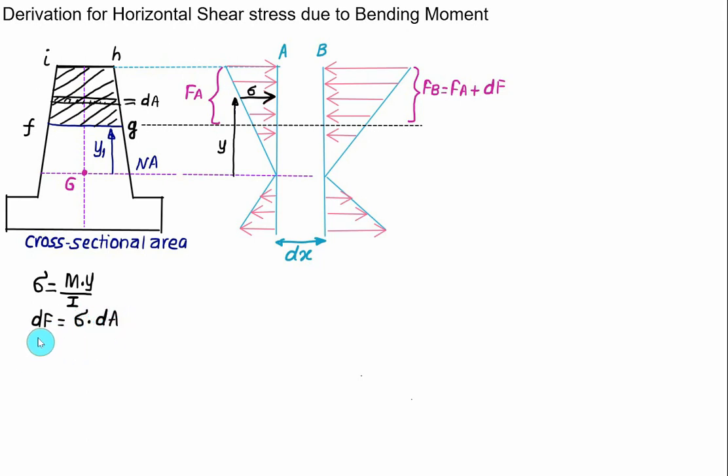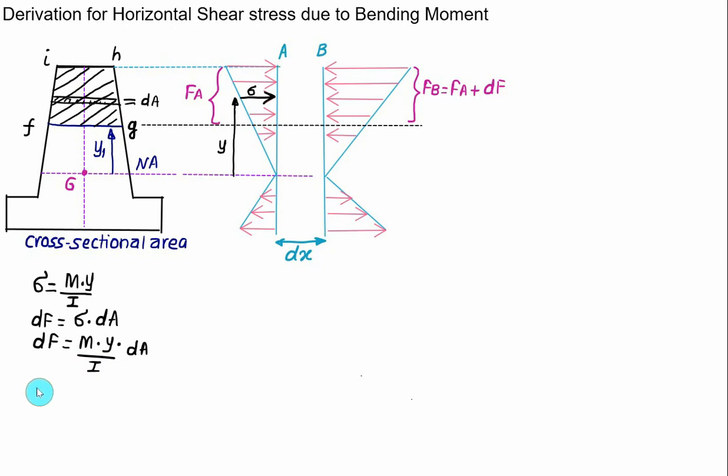And to calculate the total force here, we have to integrate from y1 to the top distance over the area. So this time we have dF equal to M multiplied by y divided by I multiplied by area dA. Now the bending moment remains constant over the section.